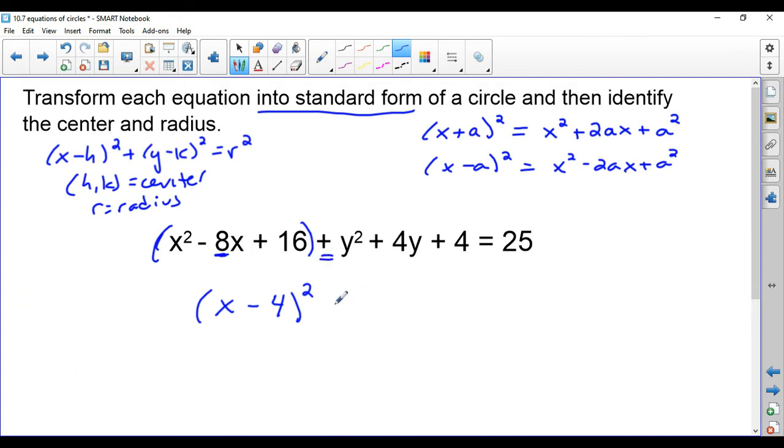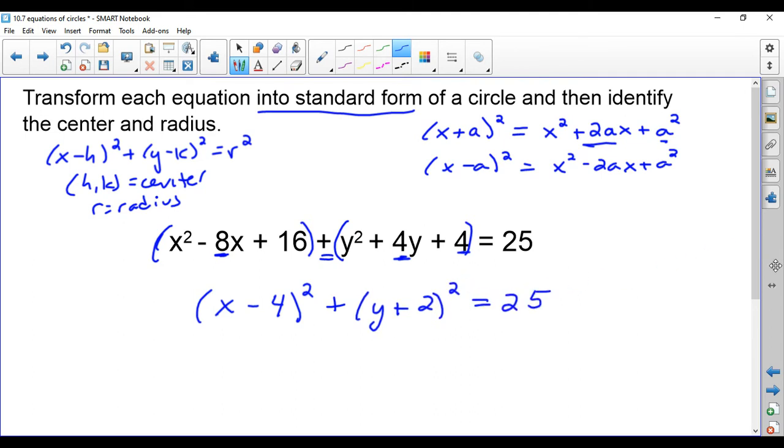Then I look at the next three terms, again a perfect square trinomial. The coefficient of y is 4, so that's my 2a. 2a is 4, so a has to be 2. If a is 2, then a squared is the 4 added as the constant. So this is (y plus 2) squared.